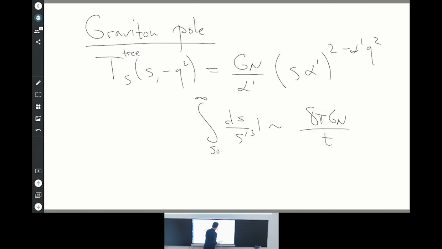If you look at this integral, you see that the saddle is located, so the energies that dominate in this integral, if you plug this amplitude, are of this form, 1 over alpha prime, e to the 1 alpha prime t.